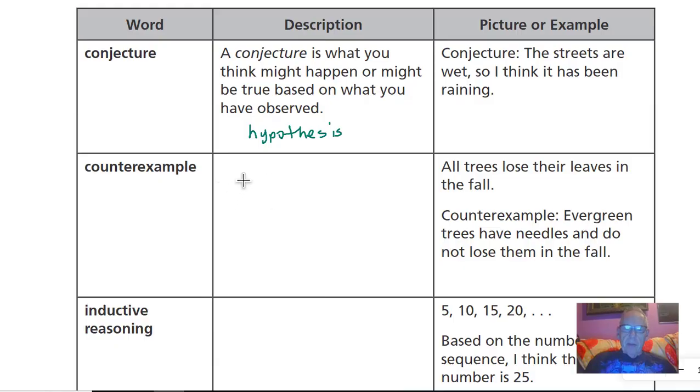So a counterexample is an instance where the hypothesis is not true.